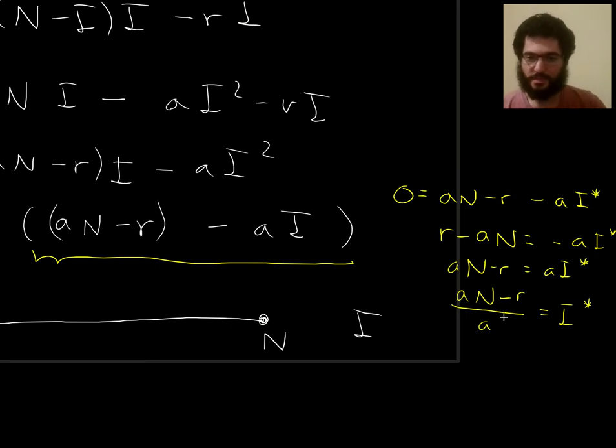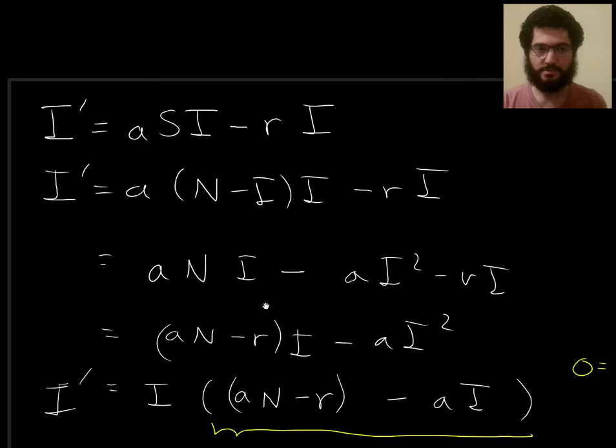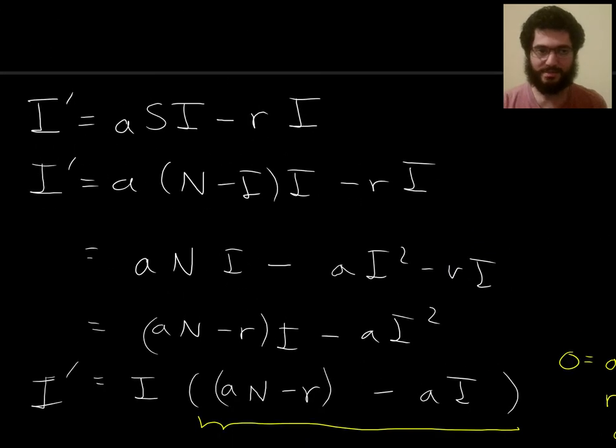Okay, interesting. Maybe another way of writing it that might make things more clear is N minus r over a. So r and a here are positive numbers. That's something we sort of have to declare right at the beginning when we set up our model, that r and a are both positive numbers.